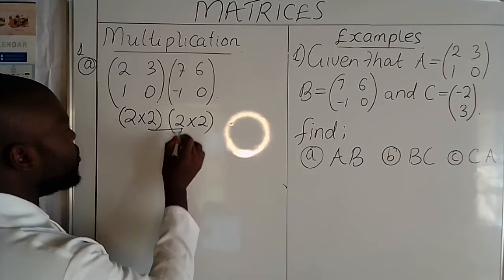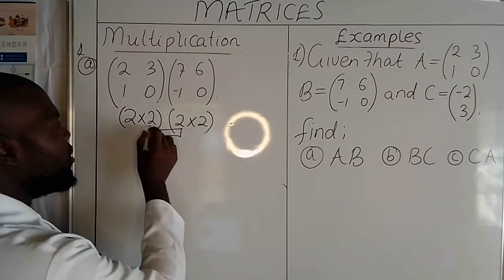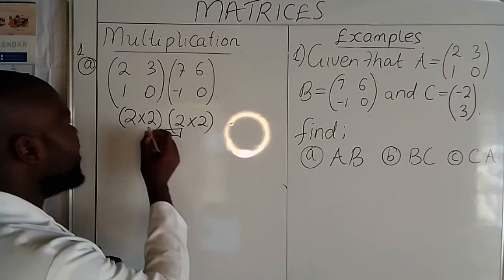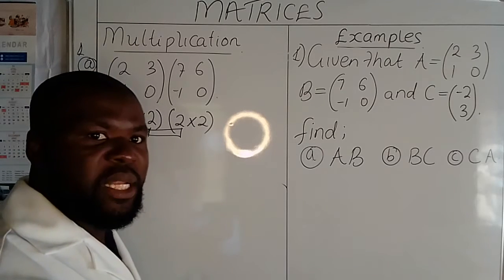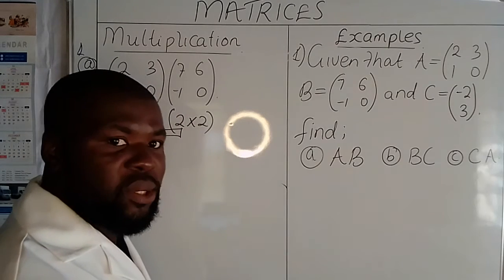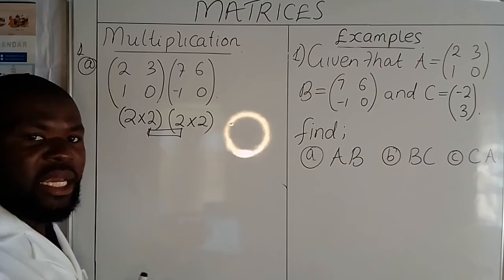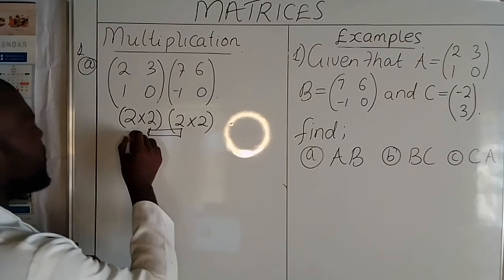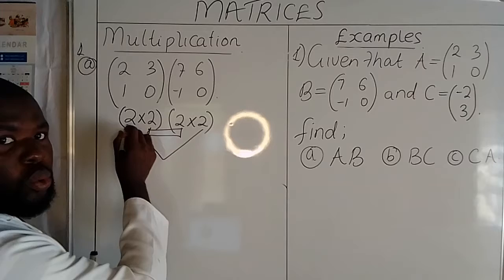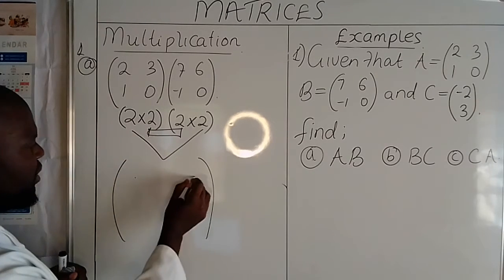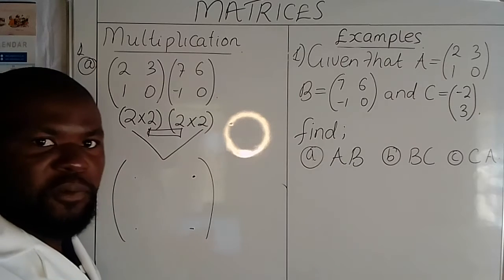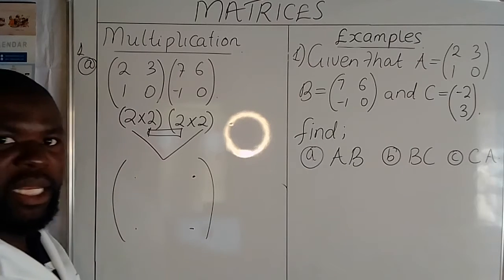Because these two numbers are equal, you can see we have a 2 here and another 2 here, the two matrices are compatible for multiplication. So we can go on and multiply. The answer will be of order 2 by 2, which will have this structure here.